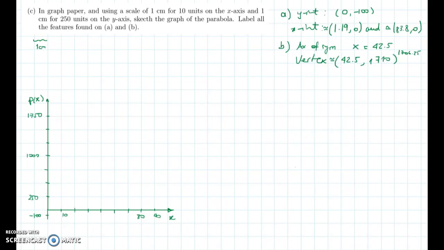So now let's start adding the points we know. We know that the y-intercept is at the point (0, -100). We have this point here. And let me write that this is the y-intercept. We also have the x-intercepts. Well, I can't really see very precisely, but let's say the point here is approximately 1.910, and this is one of the x-intercepts.